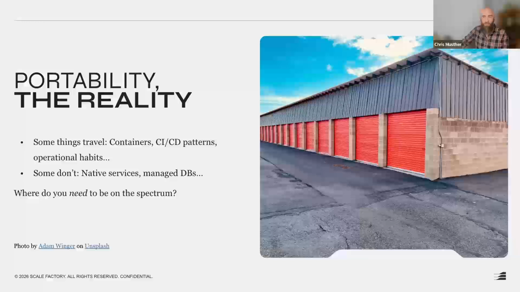So if you want to be super portable, right at one end of the spectrum, then what you have to give up are those managed services, and you have to take responsibility for more of the care and feeding of things yourself. So you might go for lowest common denominator services like EKS, GKS, but you are building in an operational overhead then.